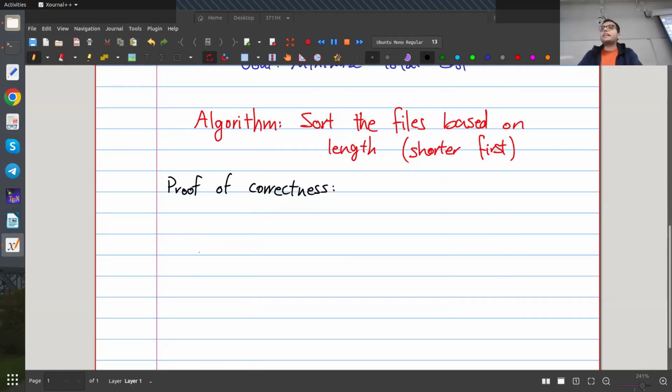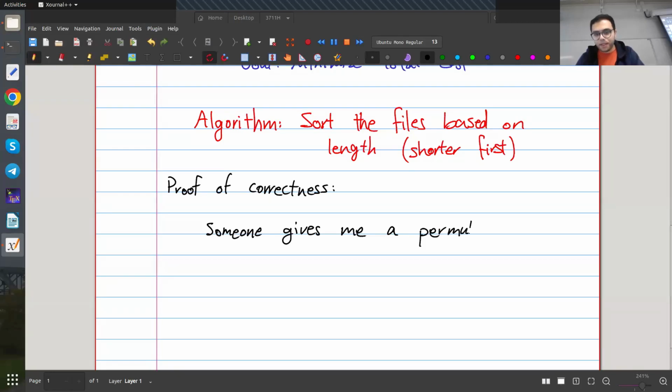Suppose that someone gives me a permutation, let's call it P prime. Okay, but my algorithm created P, which was the sorted permutation.